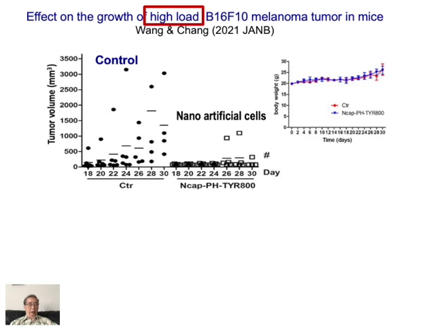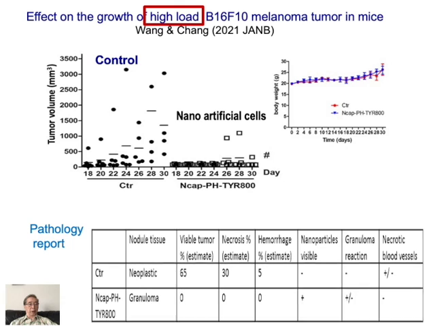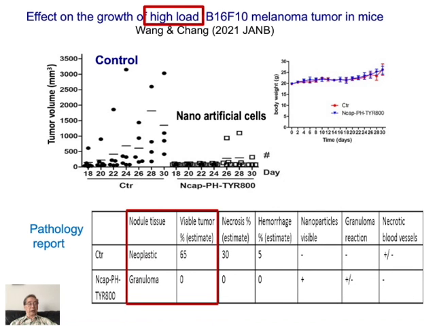We notice that occasionally there are some nodules in the nano-artificial cell group, so pathology looked at this in more detail, and it shows that in the case of the control, the nodules are all neoplastic, 65% are tumor cell, whereas in the artificial cell one, the nodules, if present, are granuloma, foreign body type of reaction with no tumor cell.